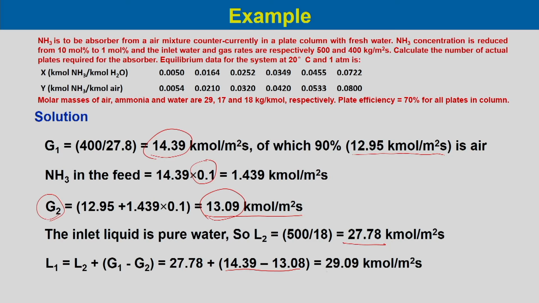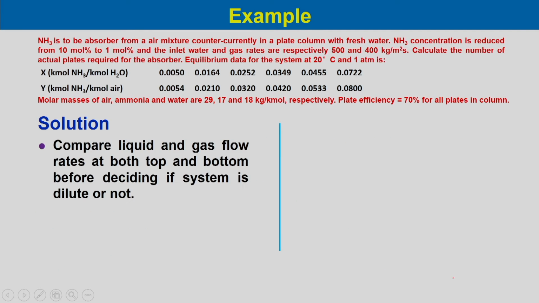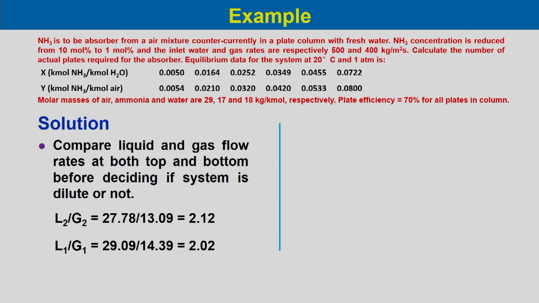So, we have the data G1, L1 and G2 and L2. Now, compare liquid and gas flow rates at both top and bottom before deciding if the system is dilute or not. If we look at L2 by G2, it is 27.78 by 13.09, which is 2.12. Similarly, L1 by G1, 29.09 divided by 14.39, is 2.02.